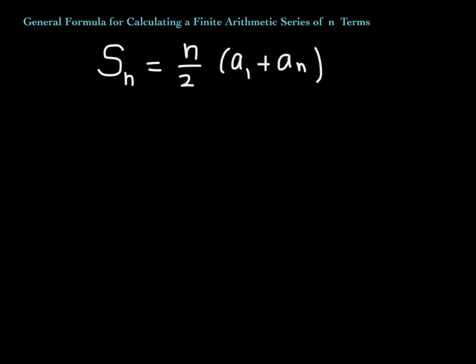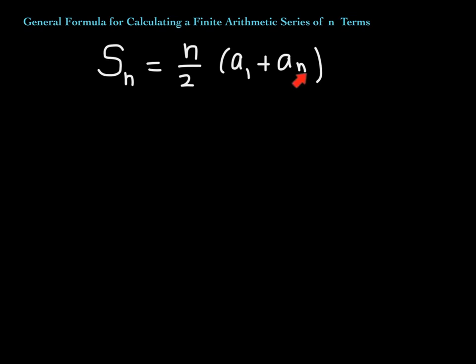Sometimes we want to take a finite arithmetic series, meaning there's a certain number of terms, and add up a certain number of terms. And so this here is the formula for finding what we call a partial sum. Capital S just means a partial sum, and the subscript n tells you how many terms in the series you want to add.